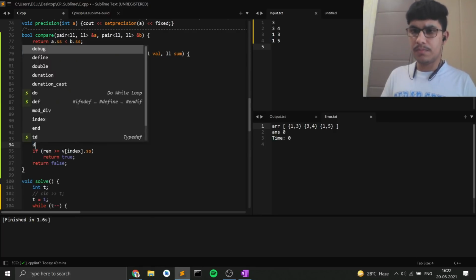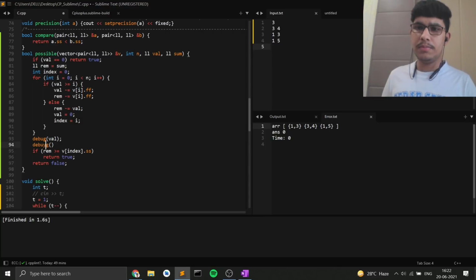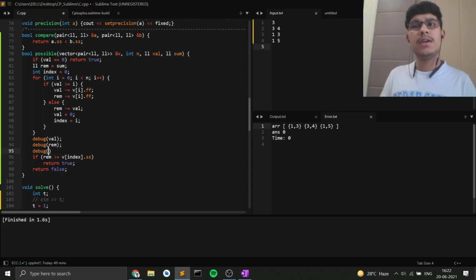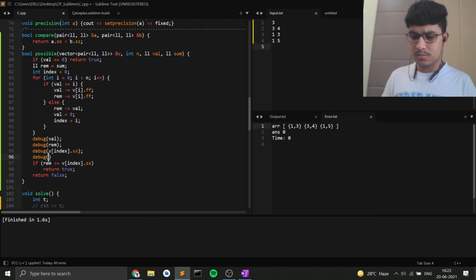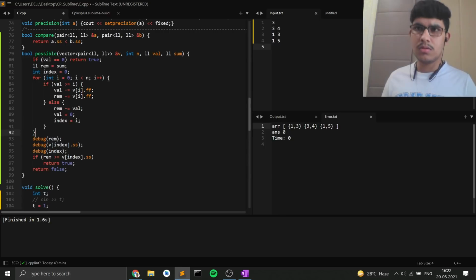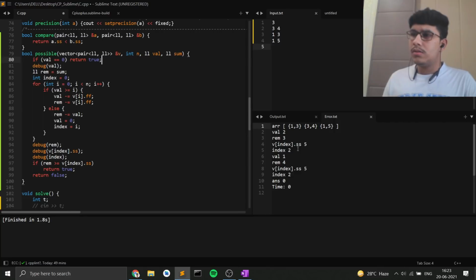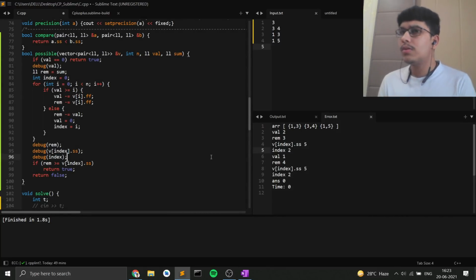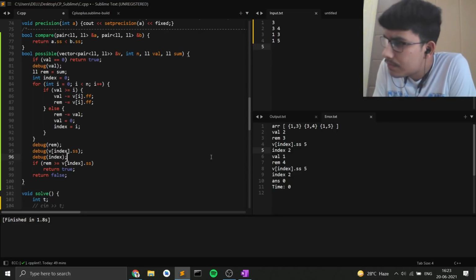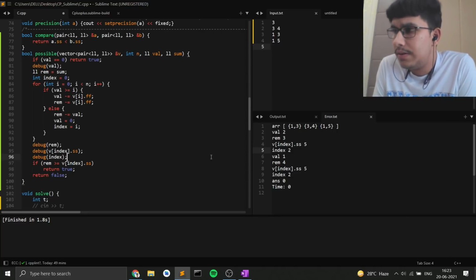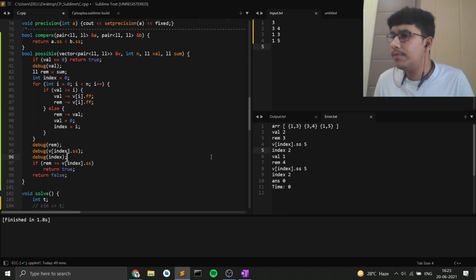Debug val, debug rem, and debug what? Debug. So this should be here. So I have val 2, remaining equals to 3. This is fine. So then I have val 1 and remaining equals to 4.